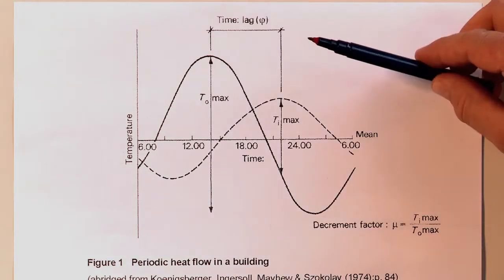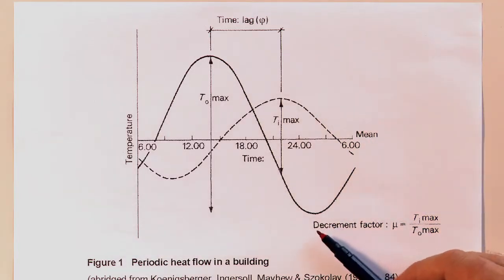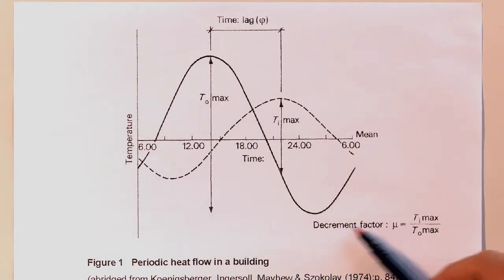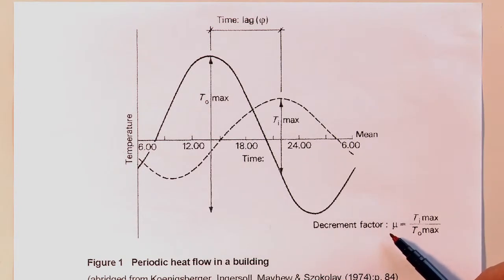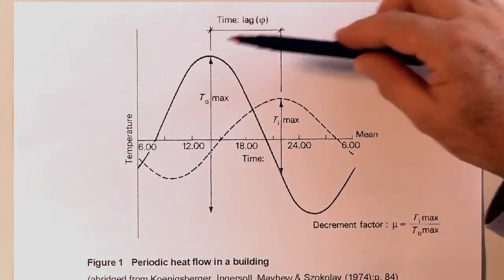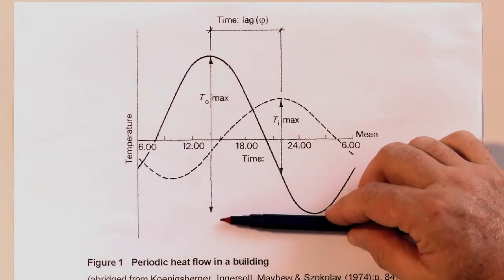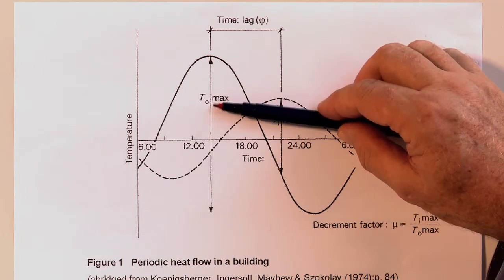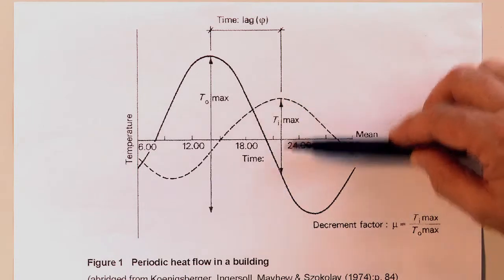We then need to represent this. The term we use is the decrement factor. The decrement factor is a representation of the temperature difference between maximum and minimum outside and the maximum and minimum inside.